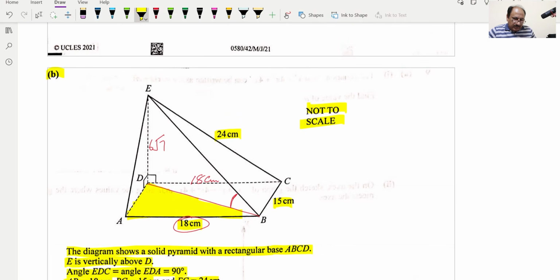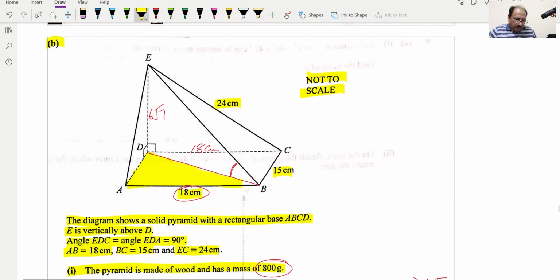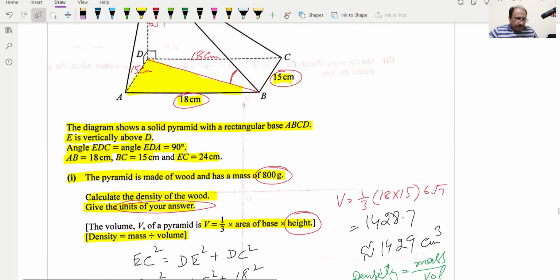So in this triangle we can find by Pythagoras theorem, because this side is provided as 15, this side is 15 centimeter, and 15 square plus 18 square under root will be BD.